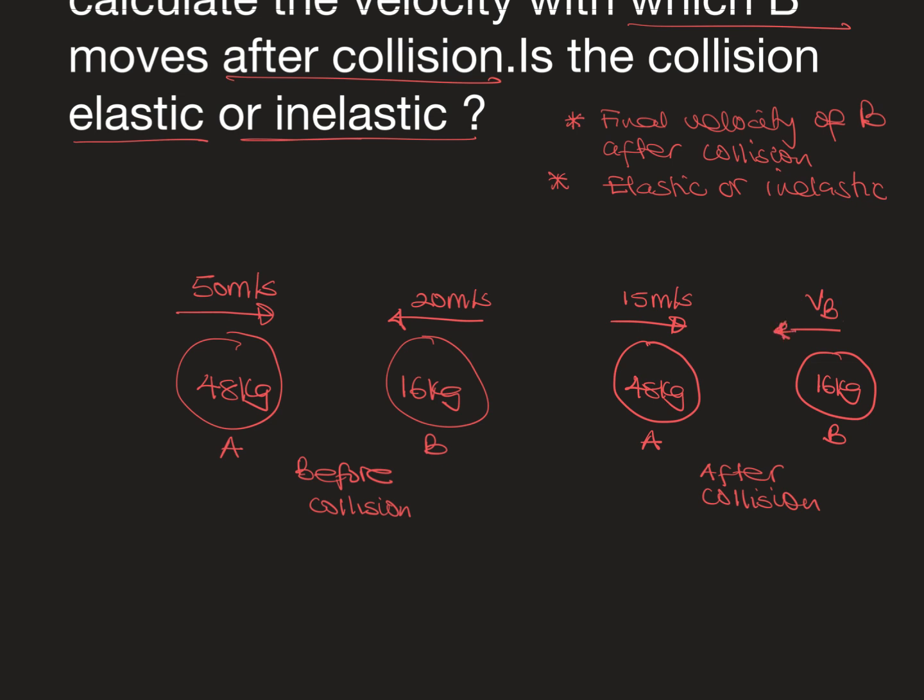It means it's moving towards the left. But for now, it is not certain. So that is why I'm going to leave it just like this and do the calculation. Then after the calculation, we can know the direction of B after collision.